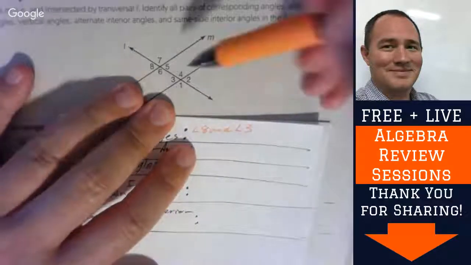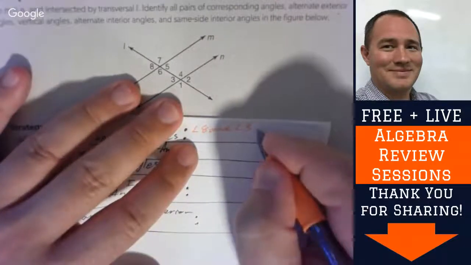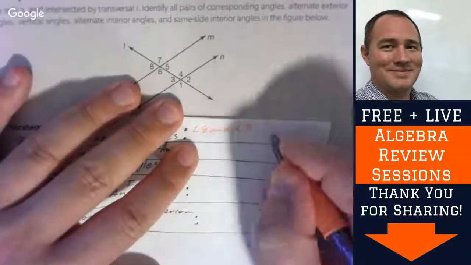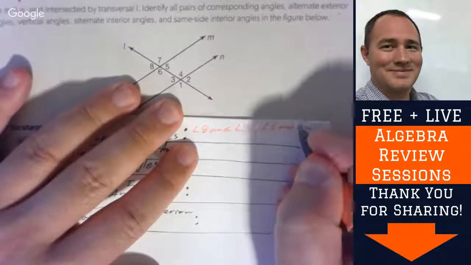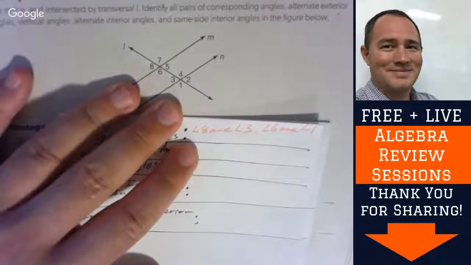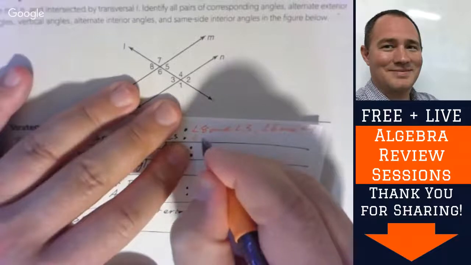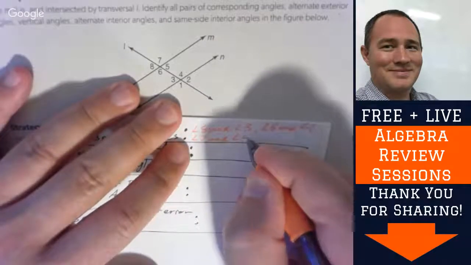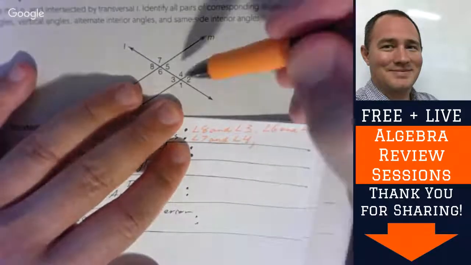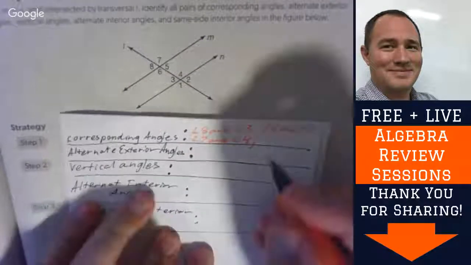We also have 6 and 1. We also have 7 and 4. Also 5 and 2 are our corresponding angles.